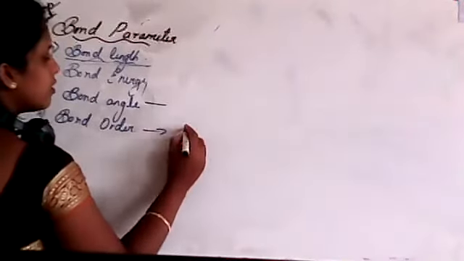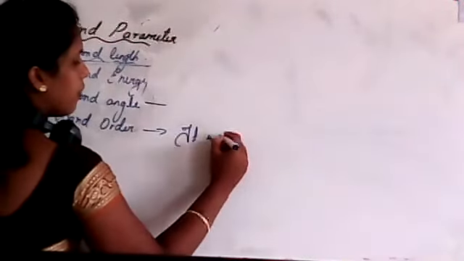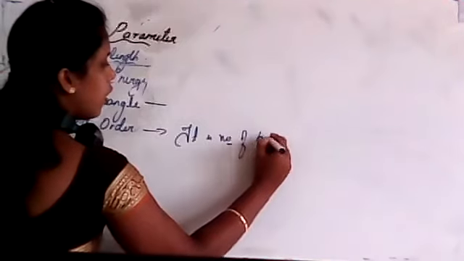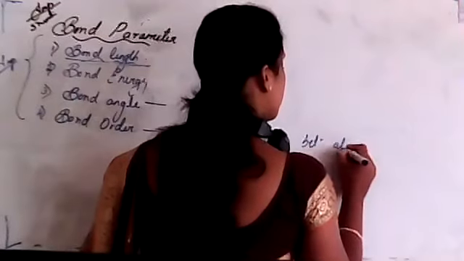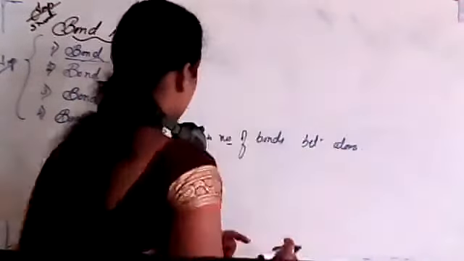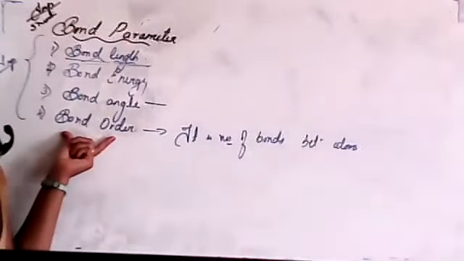And the last one is bond order. It is the number of bonds between atoms in a molecule that is known as bond order.